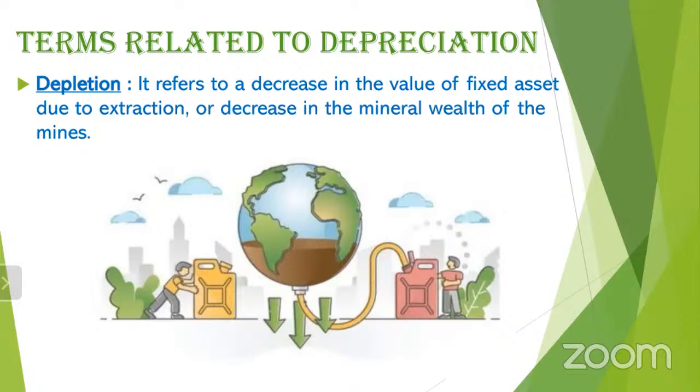Here in the picture, we can see that we are extracting natural resources from the earth. At the end of the day, the natural resources will be exhausted if we continuously extract from the earth.